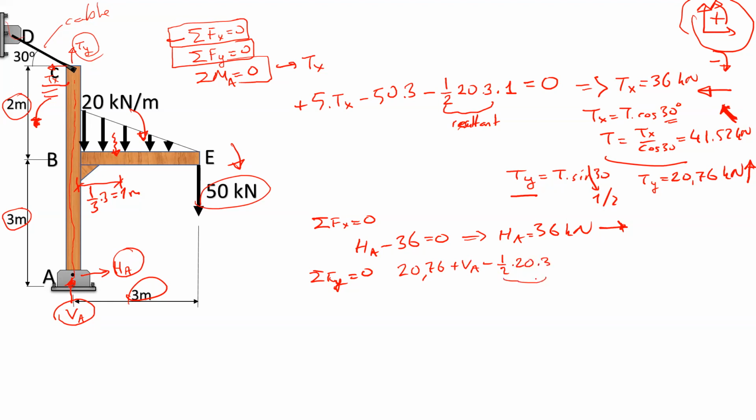This is the magnitude of triangular load. And I have 50 kilonewton tip loading, and the summation should be equal to 0.